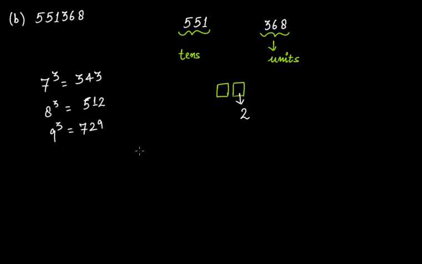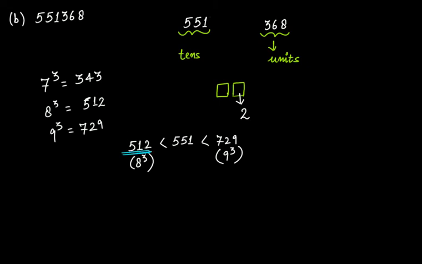It means that 512, that is 8 cubed, is less than 551, which is less than 729, that is 9 cubed, right? So you will choose this one.